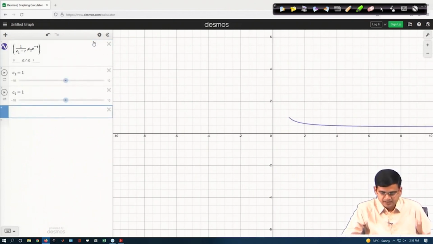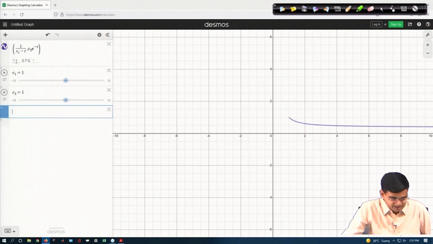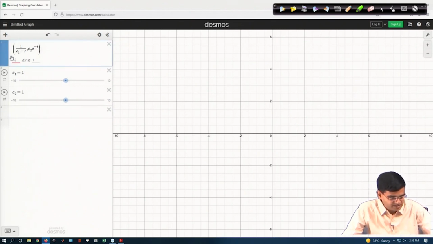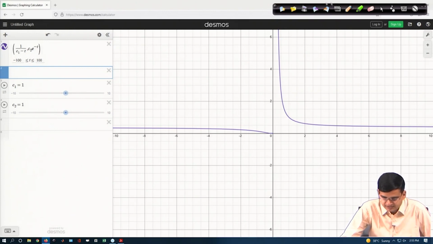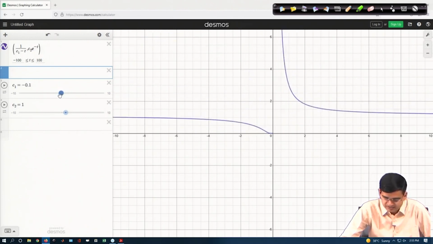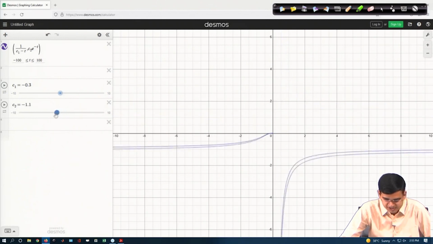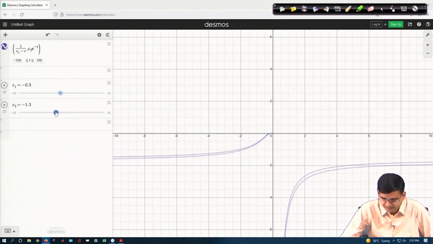Let me increase this from minus 100 to 100. See, the plot which we get here is the decaying behavior, asymptotically reaching 1. Let me change this. Qualitatively nothing changes, now it gets inverted.